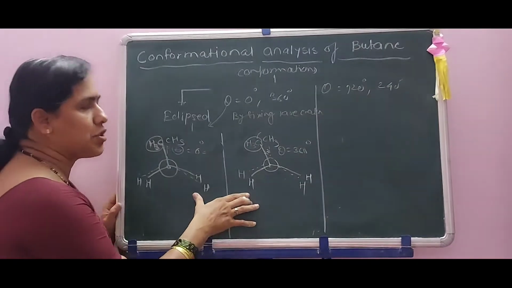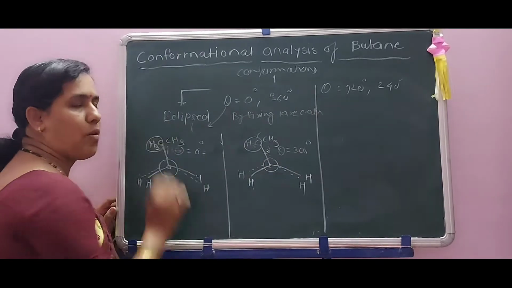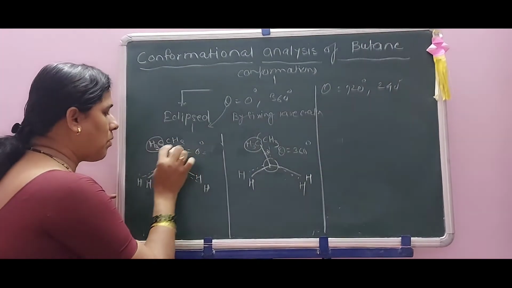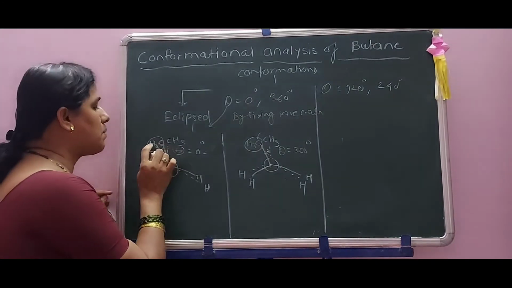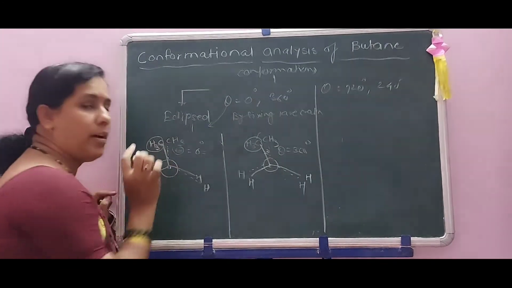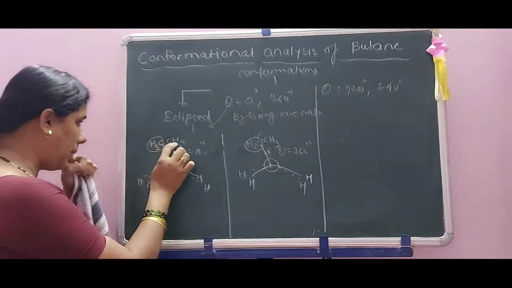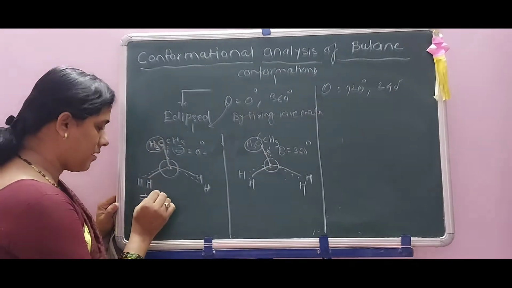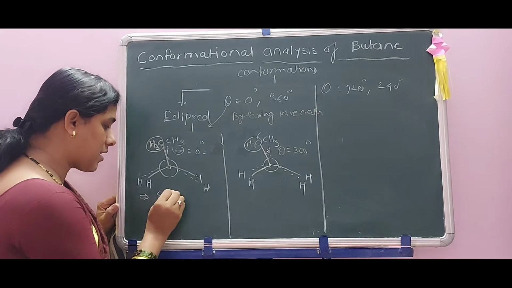Now explaining this nature. In the eclipsed form, the CH3 group of the rear carbon atom is eclipsed by the CH3 group of the front carbon atom. They lie at a nearer distance to each other, therefore they create a steric strain.